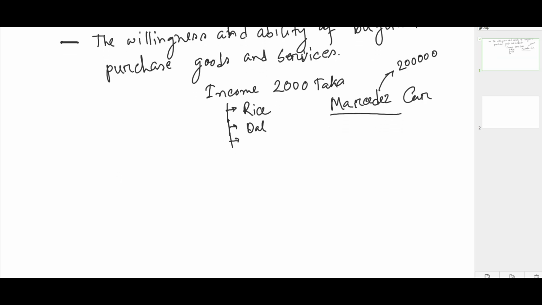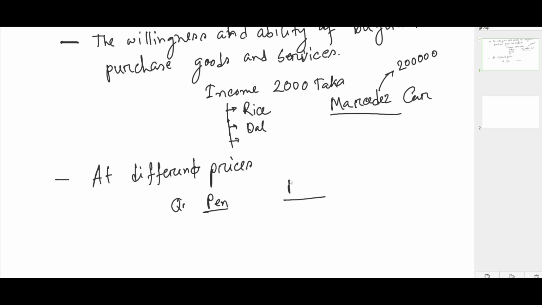The second thing is at different prices. Suppose I want to buy pens. This is the quantity of pens and this is the price of the pen.